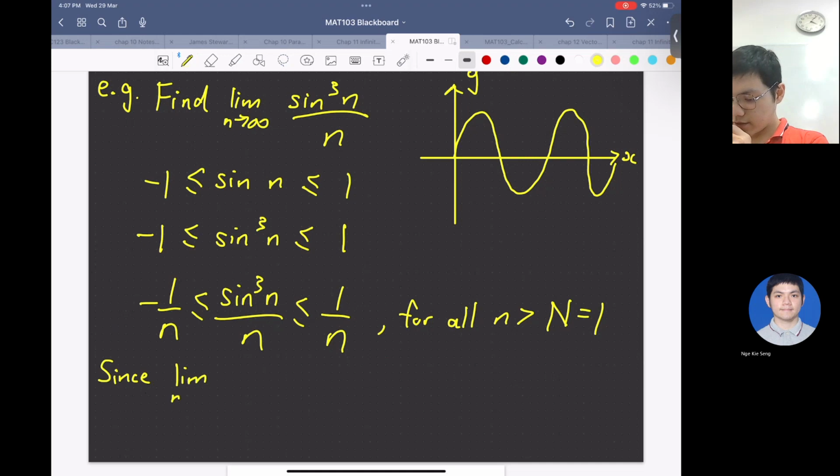Since the limit as n goes to infinity of 1 over n is equal to the limit as n goes to infinity of 1 over n, should I explain again why this limit is 0?